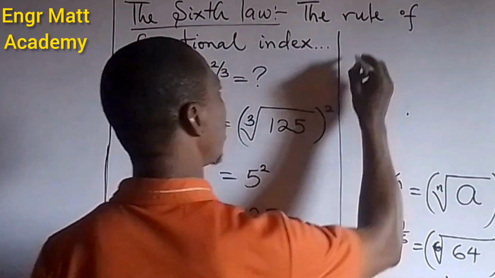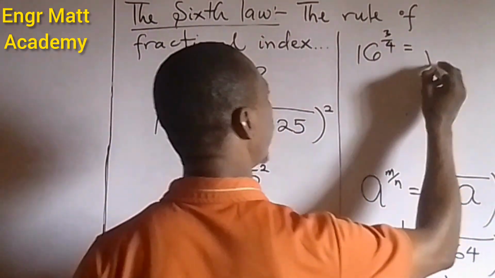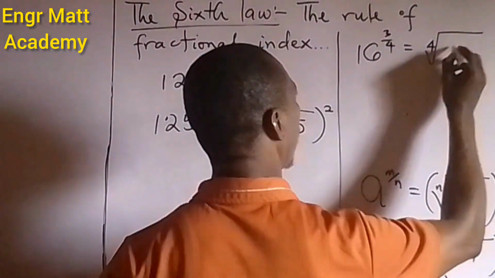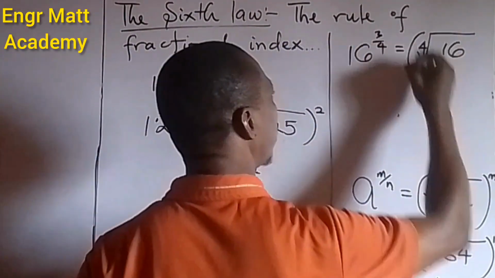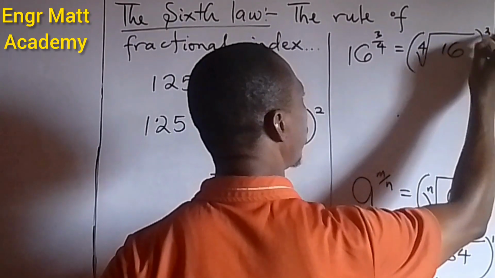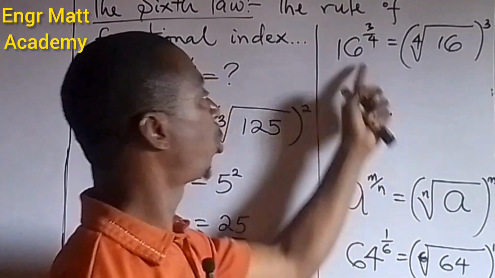So 16 raised to power 3 over 4 is equal to the fourth root of 16. And the numerator is 3, so raised to the power of 3. We have just applied this rule to this problem.